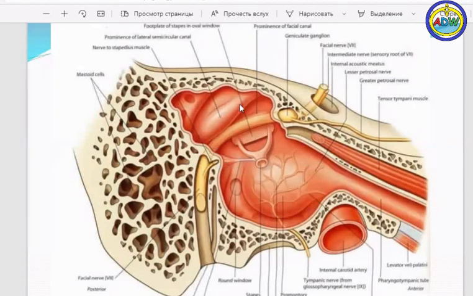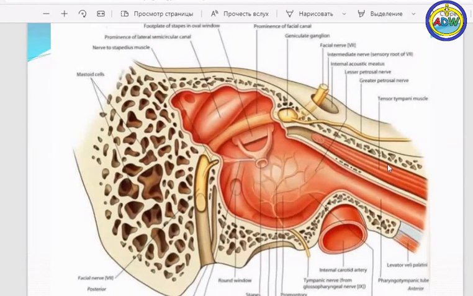This one is the prominence of the lateral semicircular canal. This is the tensor tympani muscle. Yes, this is the eustachian tube. This one is the plexus tympanicus, which is formed by the tympanic nerve of Jacobson together with the sympathetic plexus.